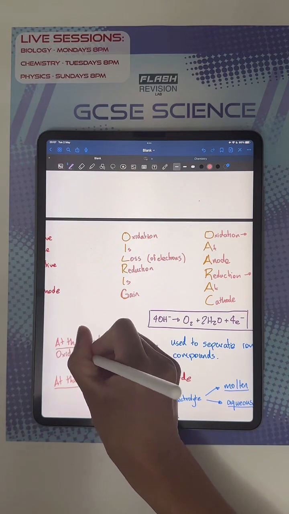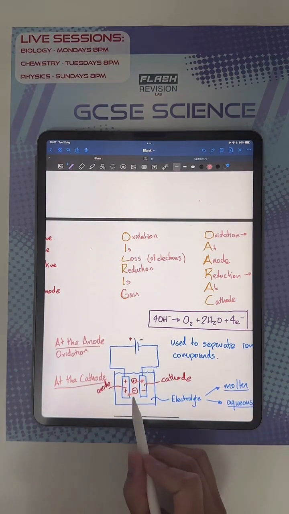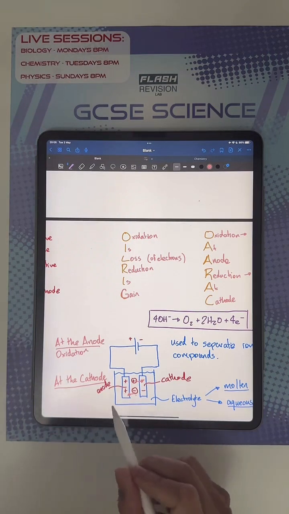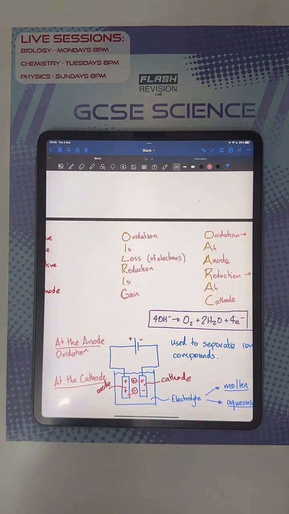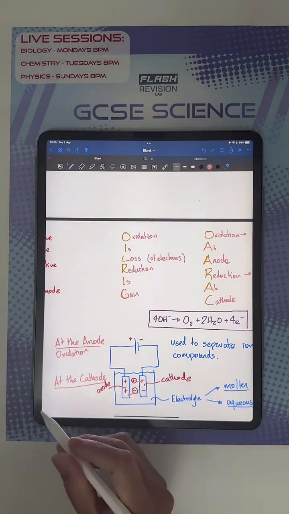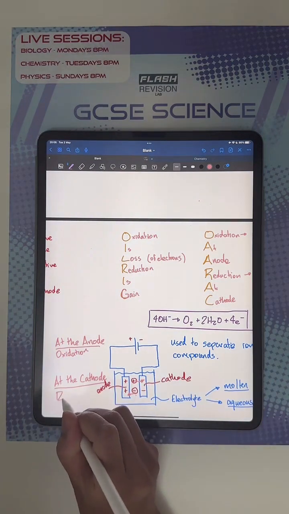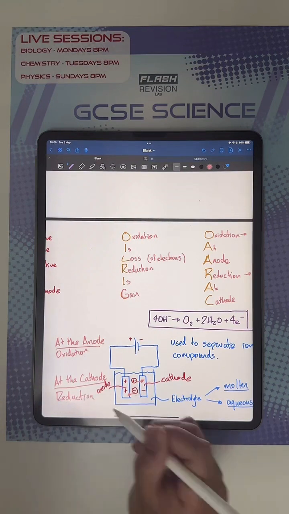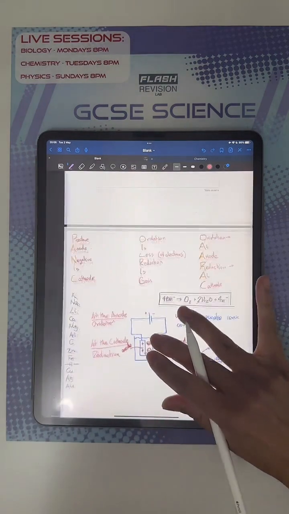That means when this negative ion goes to the anode, it gets oxidized and loses electrons. And at the cathode, reduction happens, which means it gains electrons.